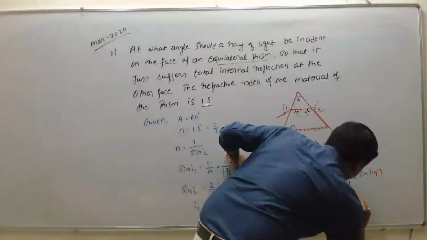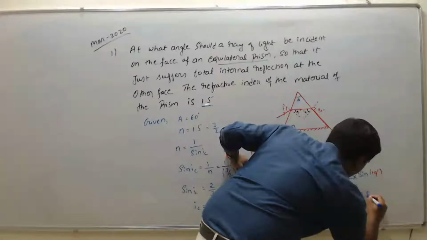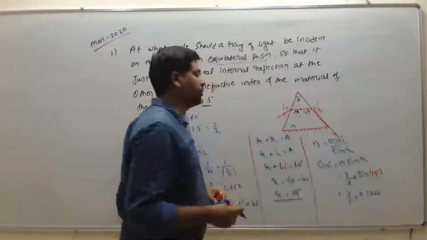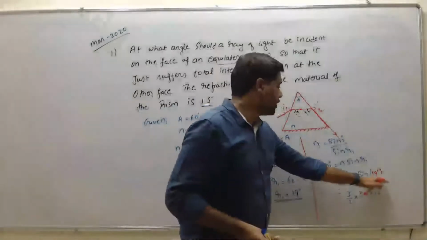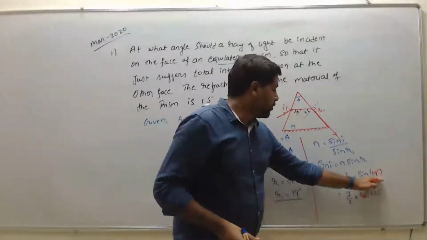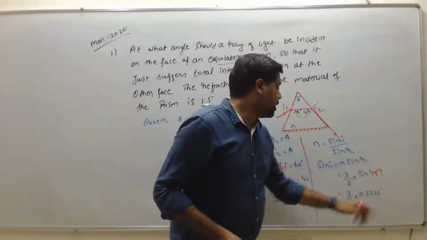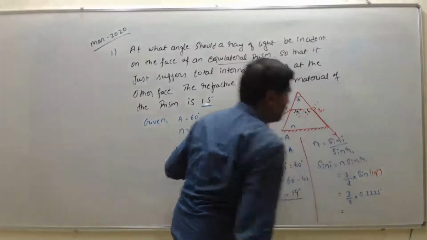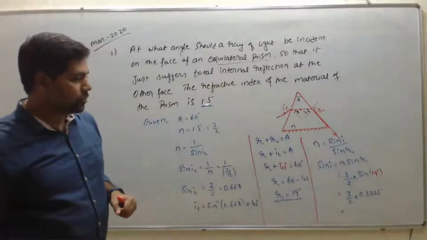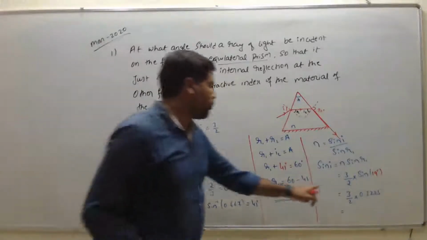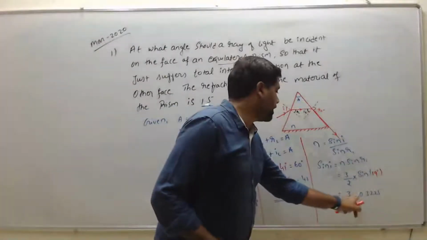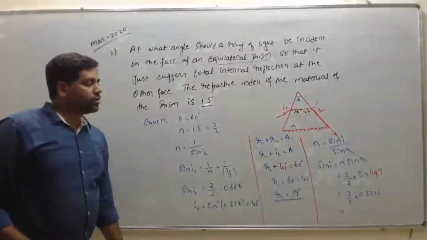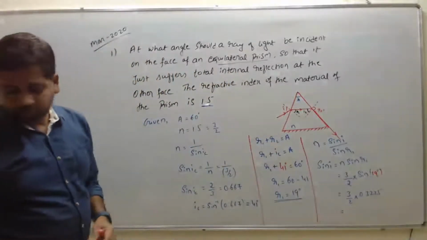That is 3 divided by 2 into 0.3225. This value we find out by using the sine table. If we simplify this one, we get 0.3 into 3, that is 0.9, divided by 2, that is approximately equal to 0.4.